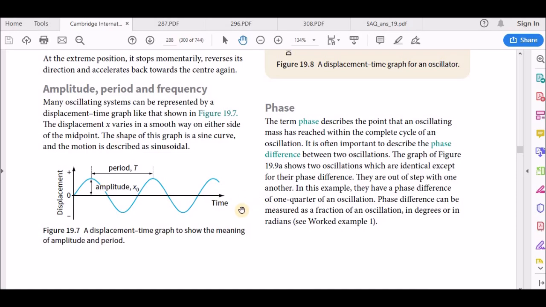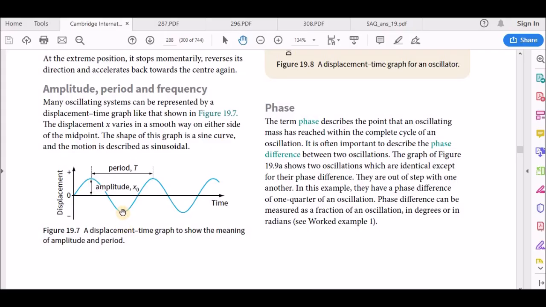Then the process continues. Now you can see again, one more thing is, this is a displacement time graph, and you have learned that the gradient of a displacement time graph is the velocity. Okay, so you can see at the extreme positions where the displacement is maximum, the gradient is 0. So if you draw a tangent at this point, you will see the line will be horizontal. Same thing here, the line will be horizontal. At the extreme positions, the displacement is maximum, but the velocity is 0.